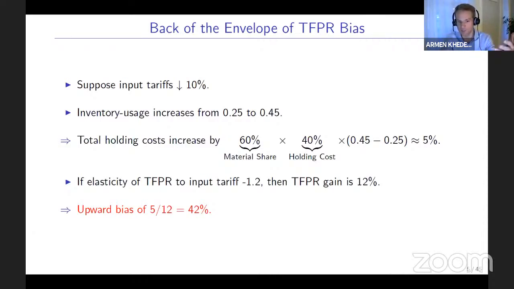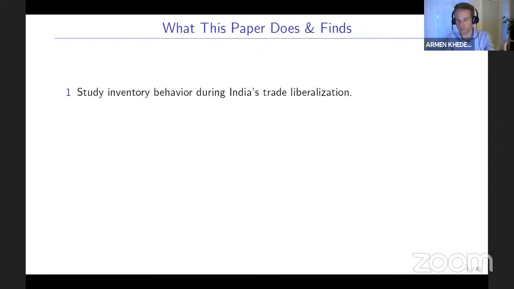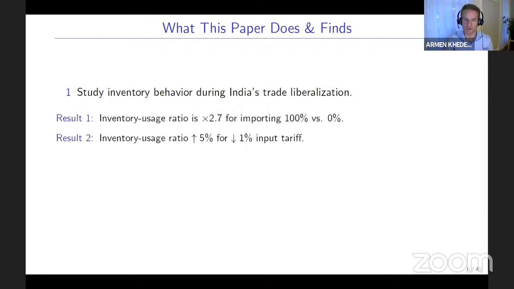Now, this is precisely what the paper is about. I'm going to go about this in a much more sophisticated and detailed way. First, we study the behavior of inventories during India's trade liberalization. We find that for a firm that imports all of its inputs versus a firm that imports none of its inputs, the inventory usage ratio is almost 3 times larger.